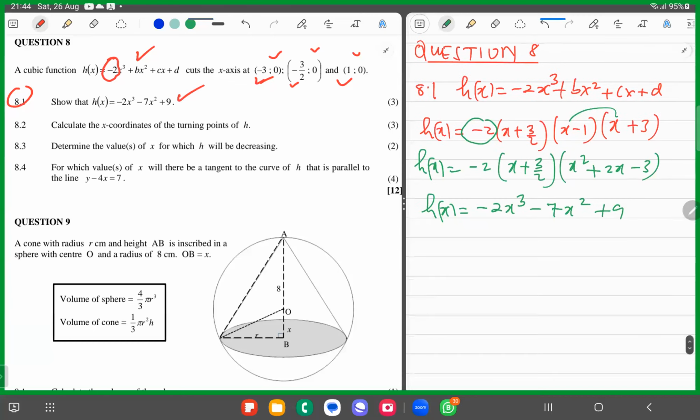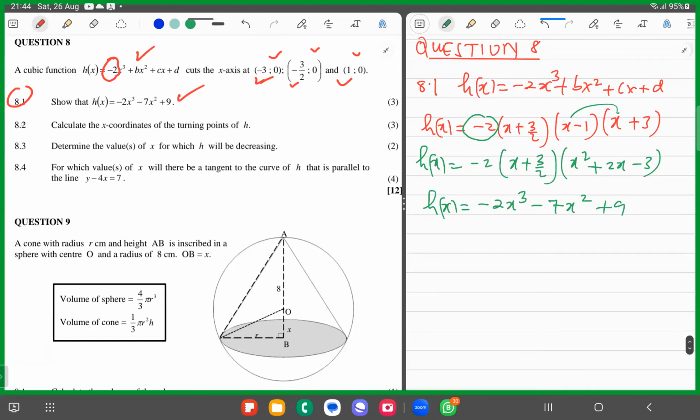Okay, so now we continue and look at the next question, 8.2. Calculate the x-coordinates of the turning points of h. Right, so the turning points of h are obtained by the derivative.